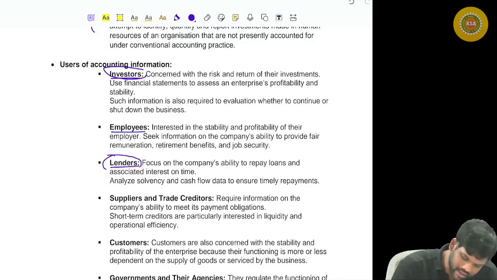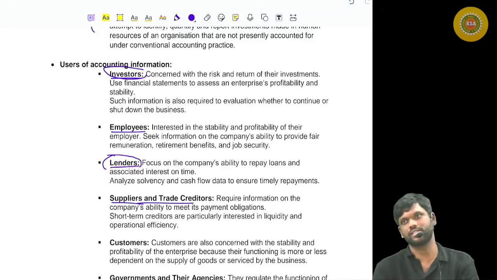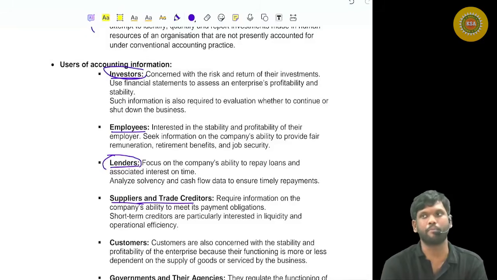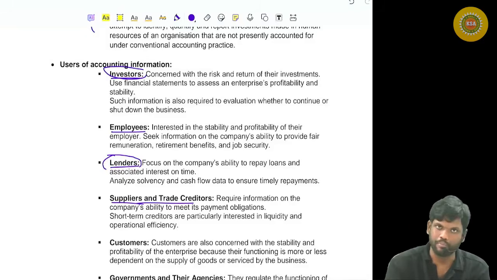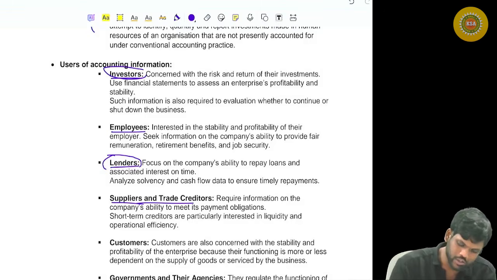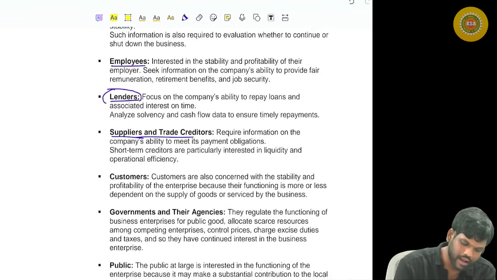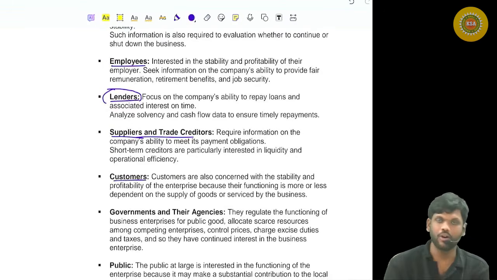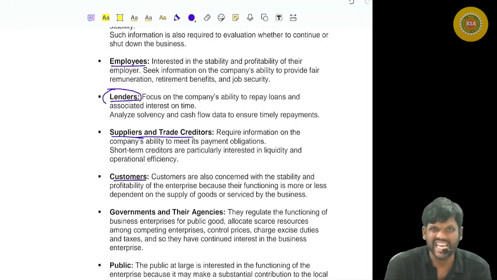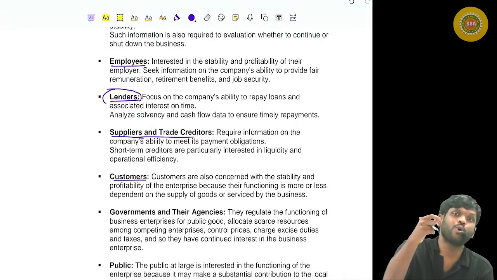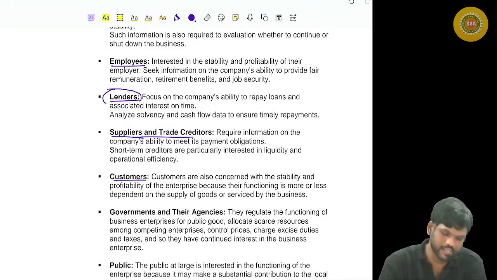Similarly, suppliers and trade creditors also will be interested, because they are also supplying some products. They will be interested to evaluate whether you will be able to actually pay the money for the products or services. Same way, customers also will be interested, because customers should analyze the financial position and performance and see whether you will be able to actually supply the products and services to them.